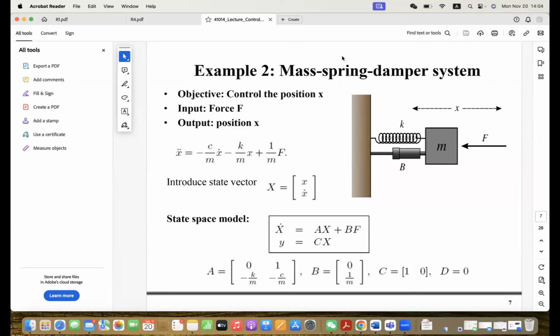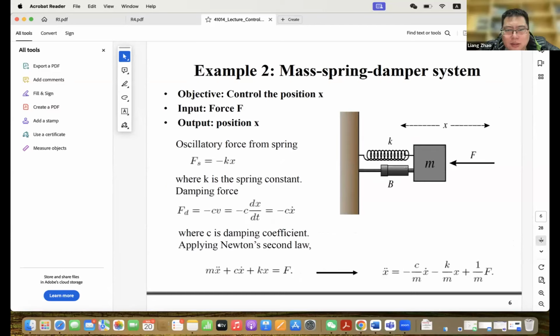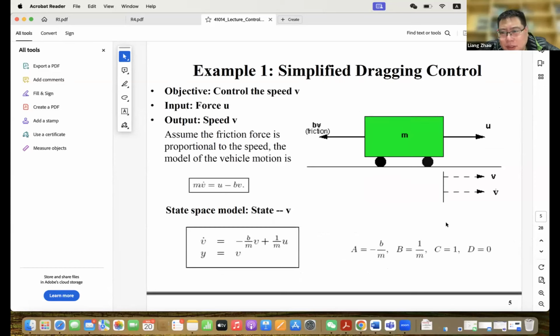Because the formulation of this is a little bit different because you have the state vector, right? Yeah. So this one is very simple, right? Your state is only one, so you don't have a state vector. And then you start with Newton's second law to formulate it. In this case, you choose velocity as the state, and the v dot means the acceleration, right? Something like this.